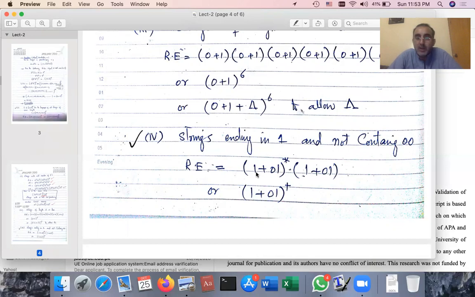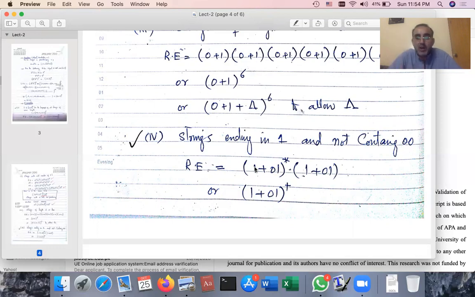What it means? 1 can be produced or 01 can be produced. This part is again containing 1 at the end. So if you write 0 here, then the regular expression would be false because you are producing only 0, which can come at the end of a string.